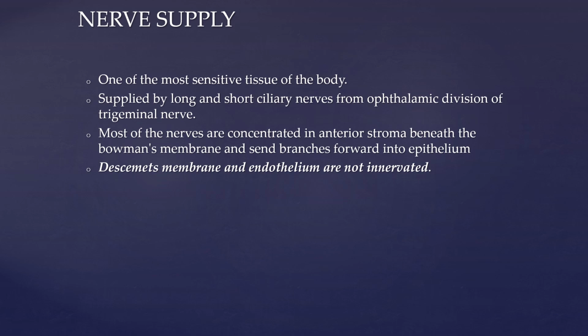Most of these nerves are concentrated in the anterior stroma beneath the Bowman's membrane, and they send their branches forward to form the subepithelial plexus. So whenever there is some injury to the epithelium, even a simple abrasion, these nerve endings get exposed. And it's a very painful condition. Patients experience severe pain if there is a little damage to the corneal epithelium.